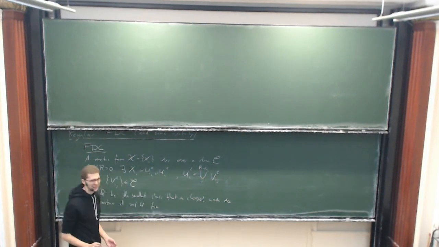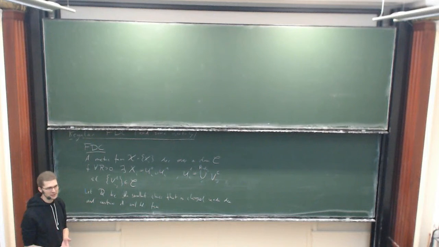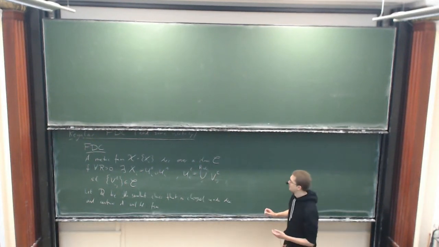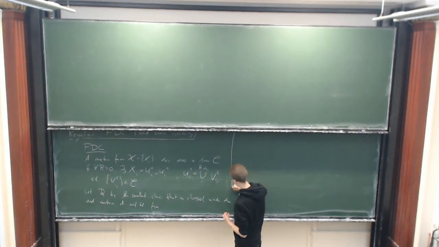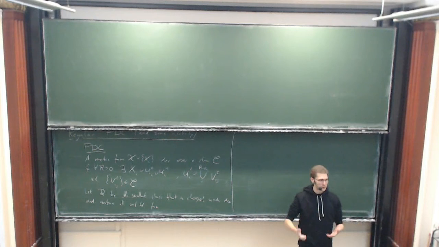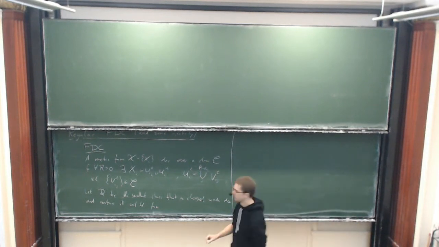And this is yet another definition of FDC, so it's equivalent to the ones we heard on Monday, but it's shorter, yes. Uniformly bounded just means that there exists a bound on the diameter, so supremum.